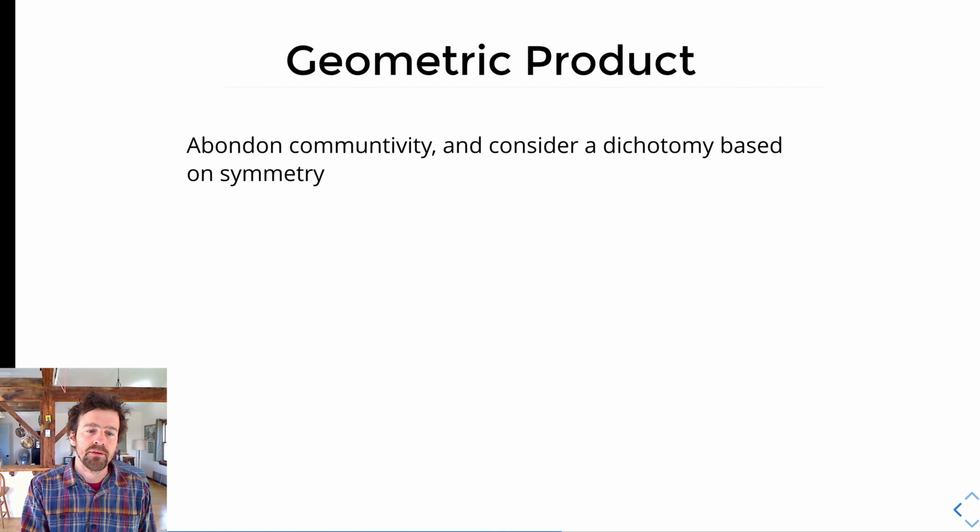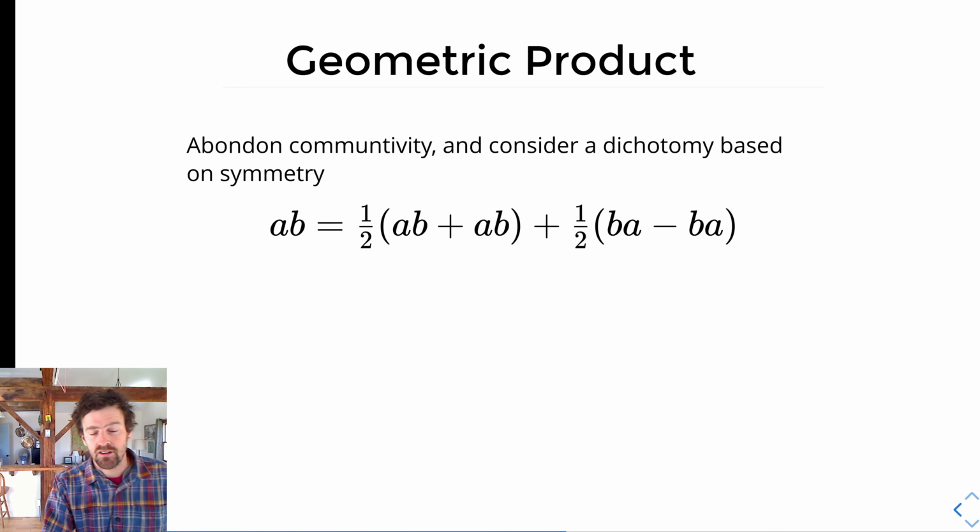All right, so the outer product is useful. We know the inner product is useful, and maybe we should consider combining these things. So if we abandon commutativity, and consider a dichotomy based on symmetry. Here's the product of two vectors A and B, and we've just broken this up by symmetry, then rearranged it, and this is necessarily true.